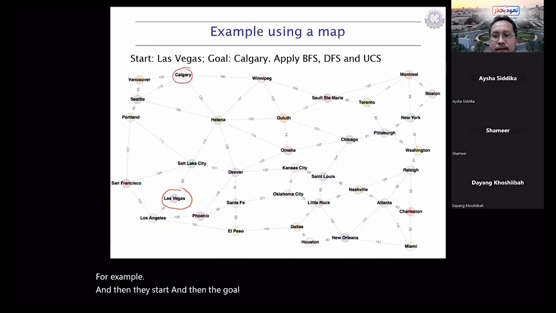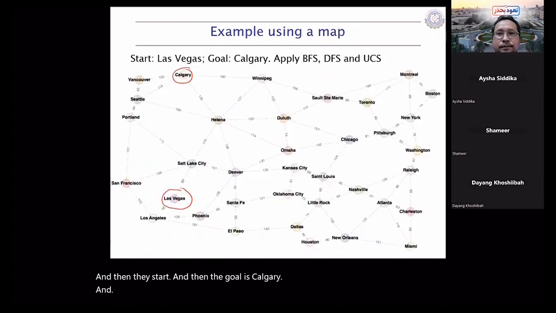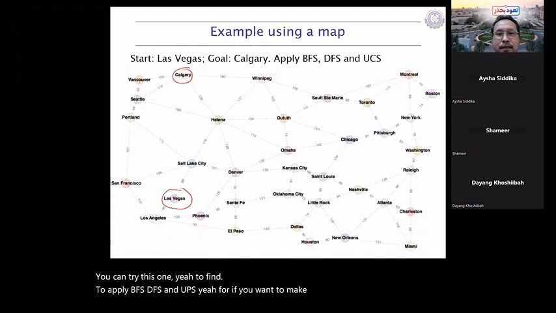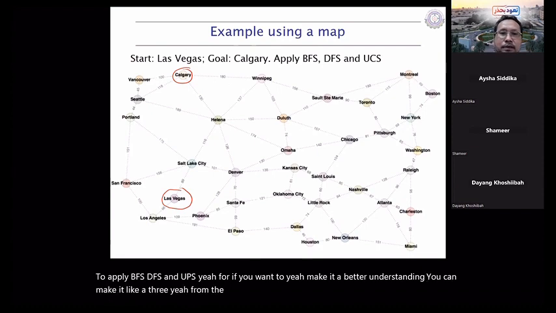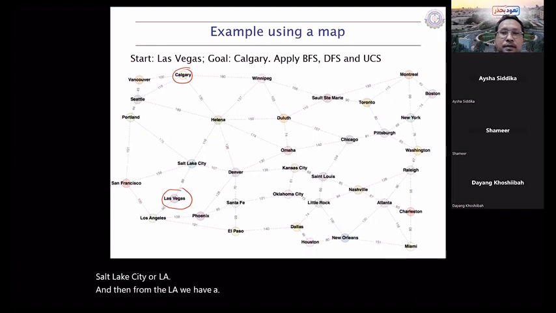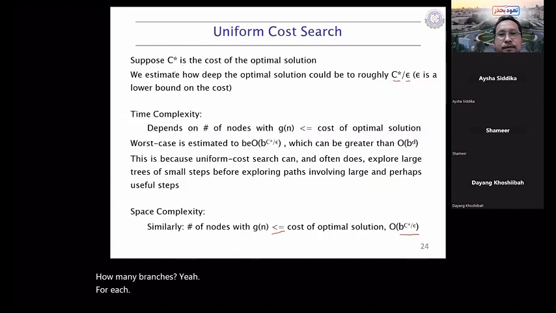You can try to apply BFS, DFS, and UCS to get a better understanding. You can make it like a tree, from Las Vegas, what the directions are, for example to Salt Lake City or LA, and then from LA how many branches there are for each.